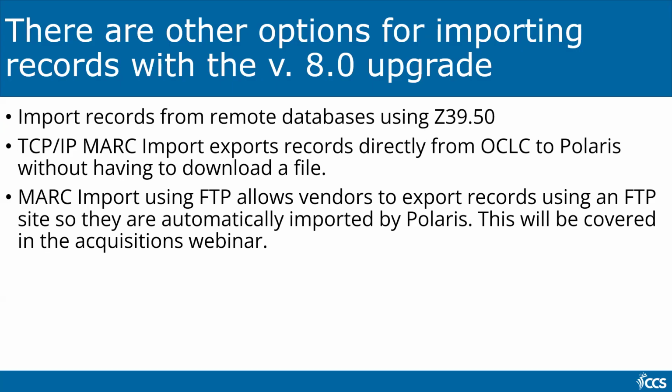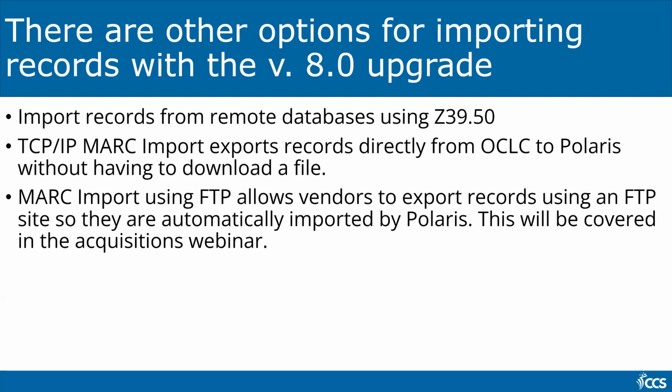But with this TCP/IP connection, it would allow you to use that local practices macro, create a save file in Connexion, or export an individual record from Connexion by pressing that export button. This would send it directly to Polaris.